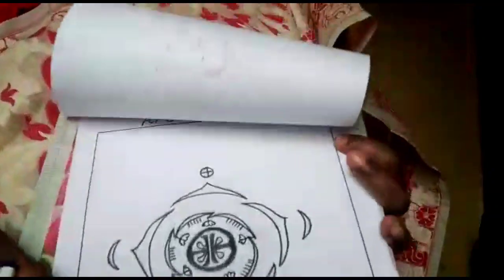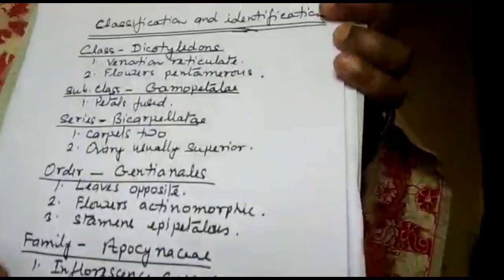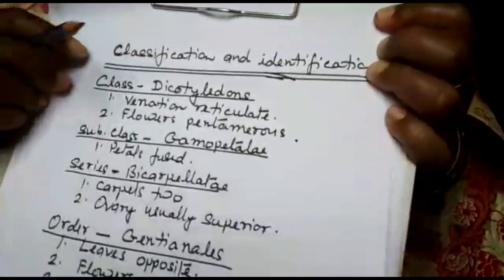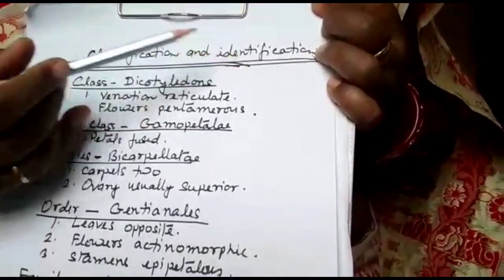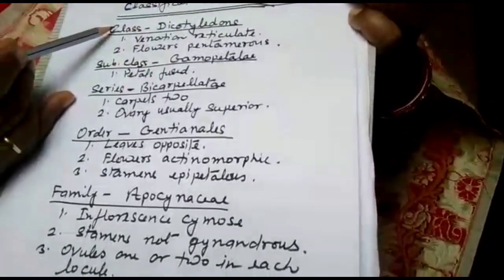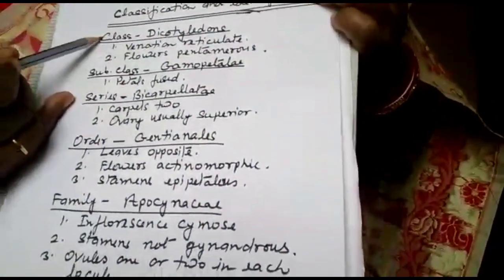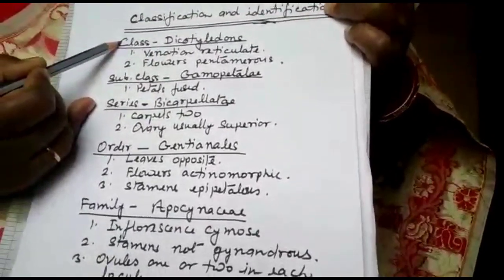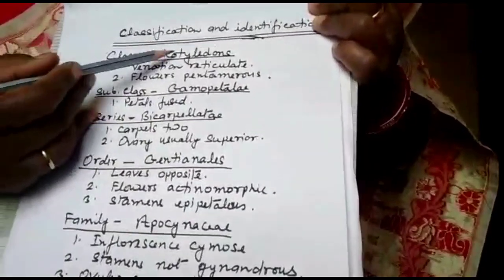Now we come to the classification and identification. First of all, we have to see the class. The family Apocynaceae comes to the class Dicotyledons.